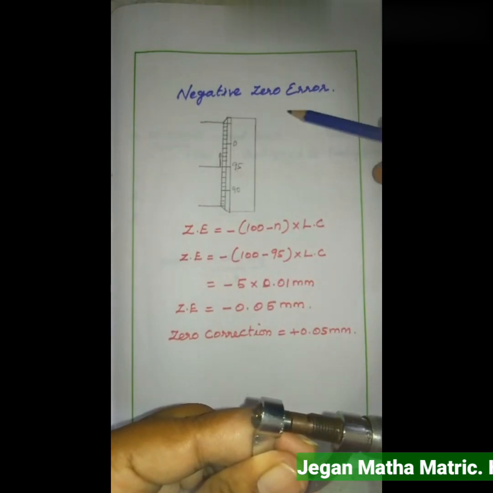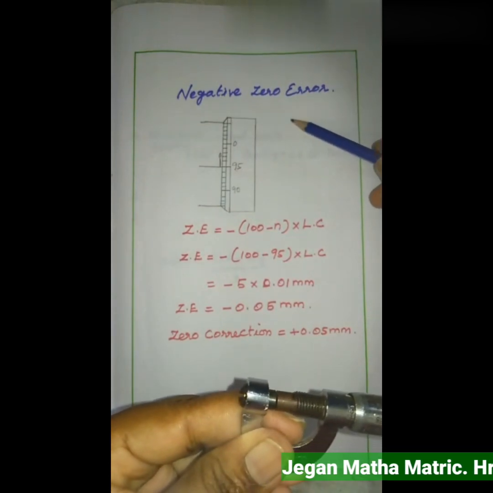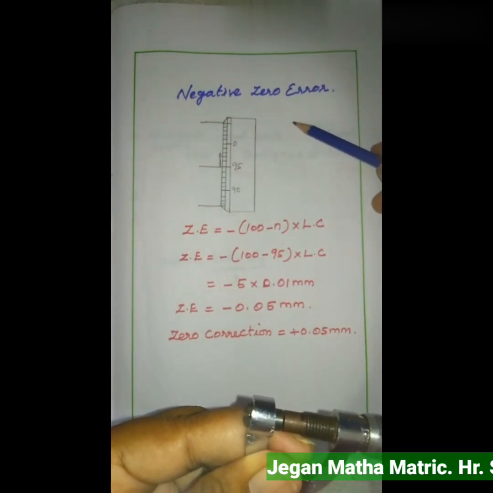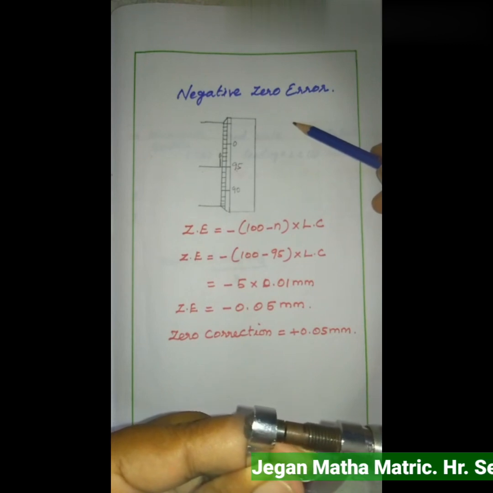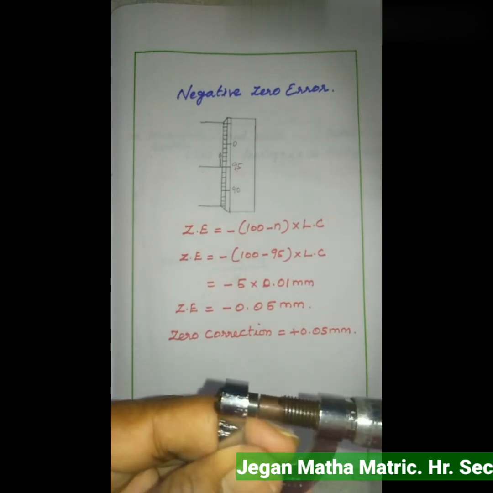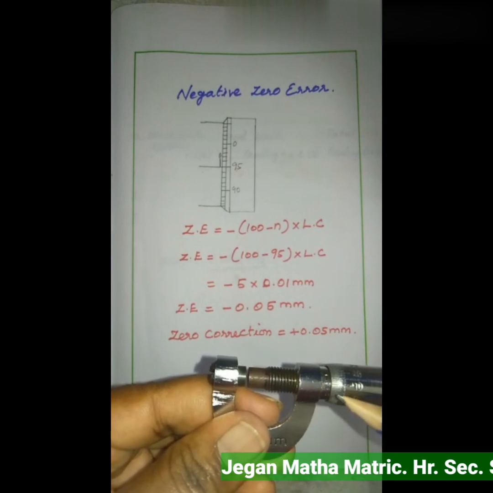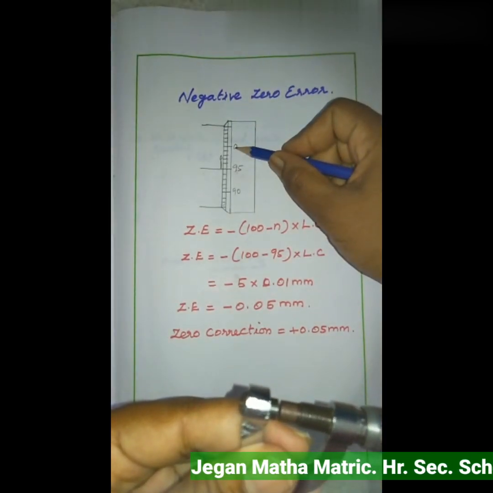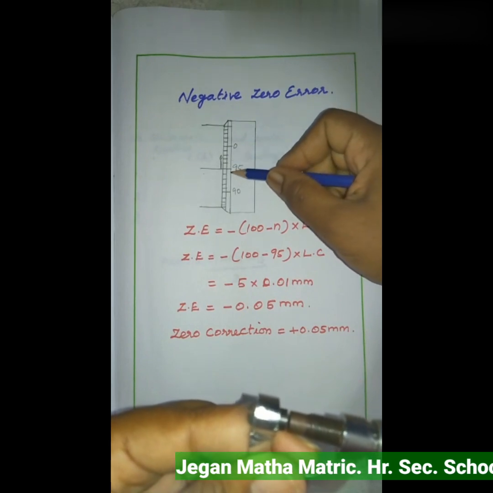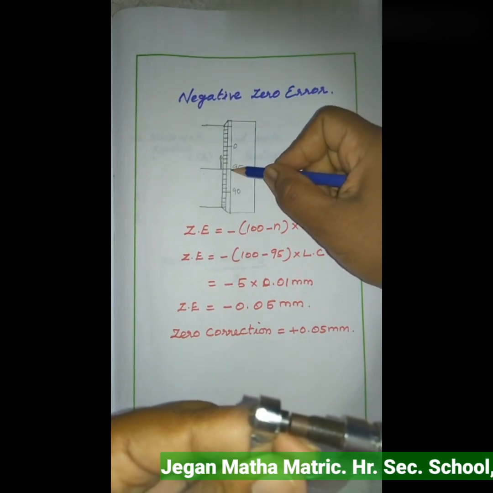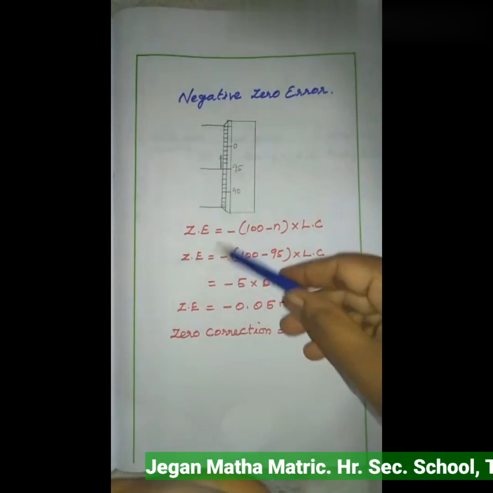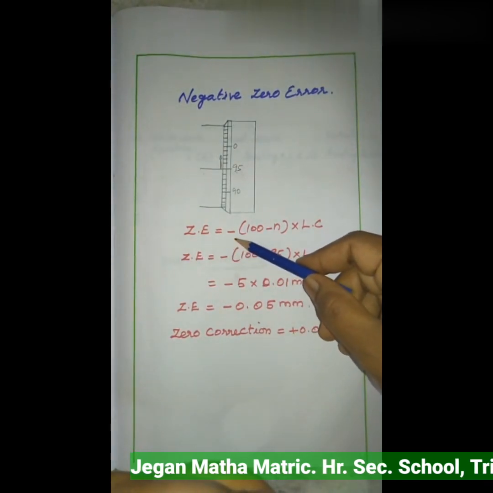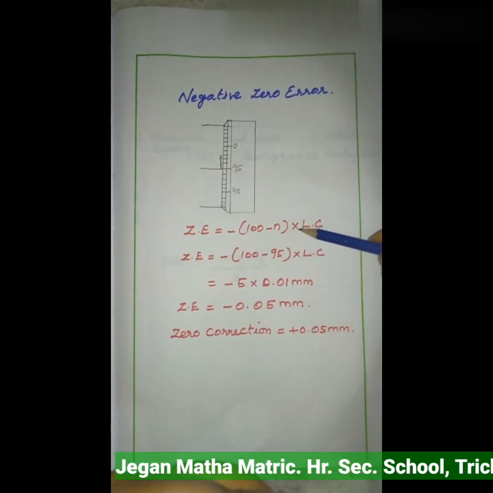Next we will move to negative zero error. In negative zero error, the zero of the screw gauge is below the reference line of the main scale, and the coinciding value is 95. So zero error is equal to minus of 100 minus n into least count.